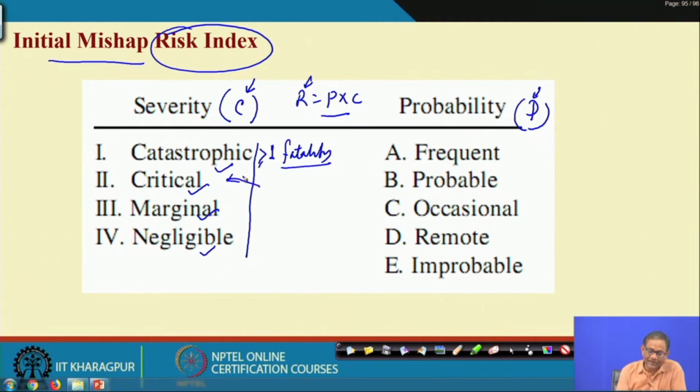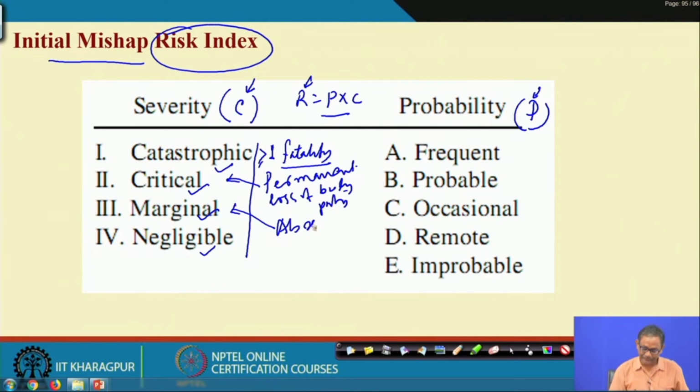Critical, from a human safety point of view, may be permanent loss of body parts, okay, amputation, maybe your eye or something like this. Marginal may not lead to any kind of disability, but it makes you absent from work. Negligible means maybe first aid kind of thing, first aid.